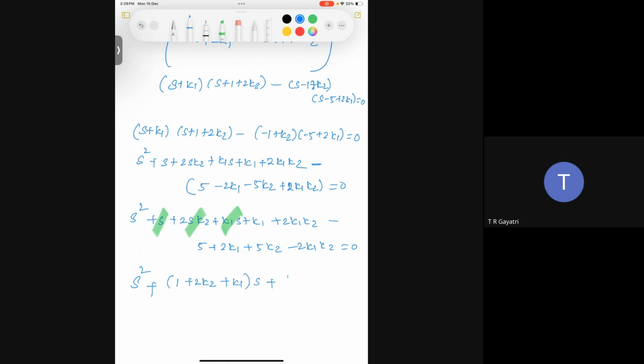The rest of the terms are constants: 2k1 and minus 2k1 k2 cancel. Then k1 plus 5k2 minus 5 plus 2k1, so k1 and 2k1 combine as 3k1.